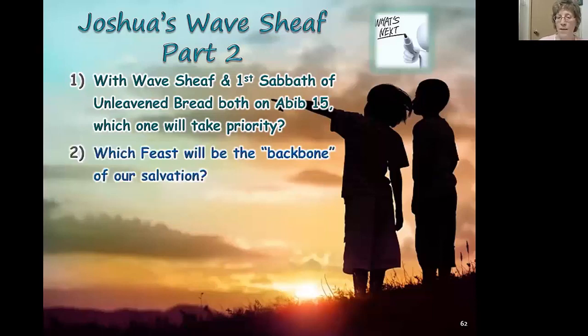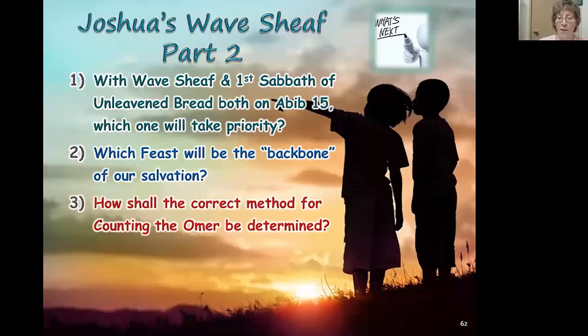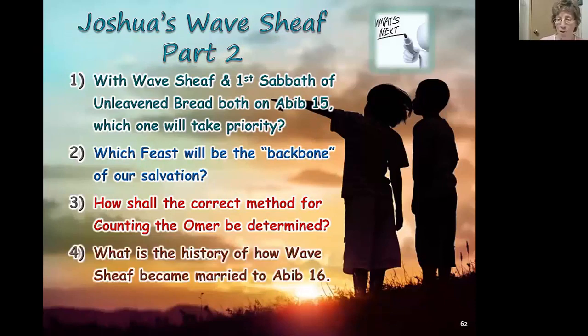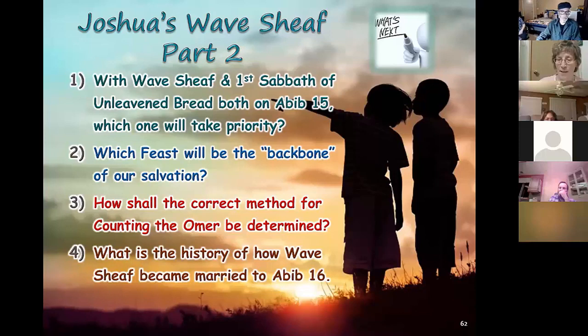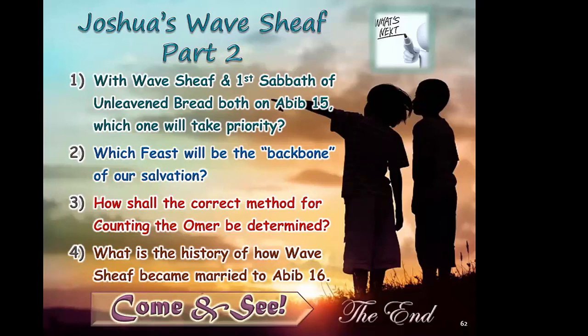And which of these feasts is going to be the backbone to our salvation? And how shall the correct method for counting the Omer be determined? And one more point, what is the history of how Wave Sheaf became married to Abib 16? We want to know about that. So we're inviting you to part 2 to come and see what's actually going to happen with Wave Sheaf, because Joshua is the one that has the last word on this.